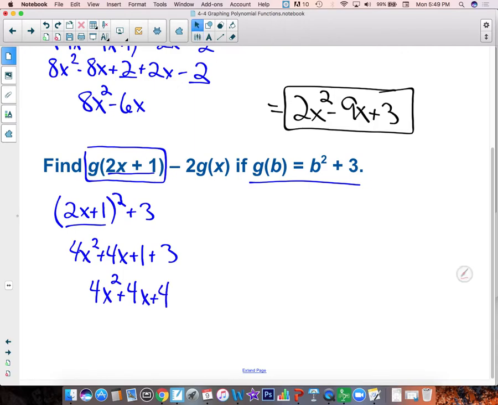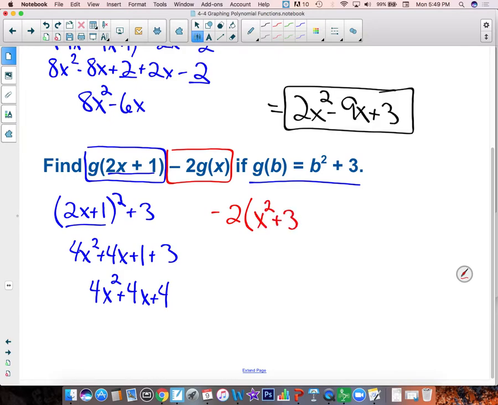The other one I'm going to do in red. So it's negative 2, and I'm plugging x in for the b. Gives me this. Now I just combine them.